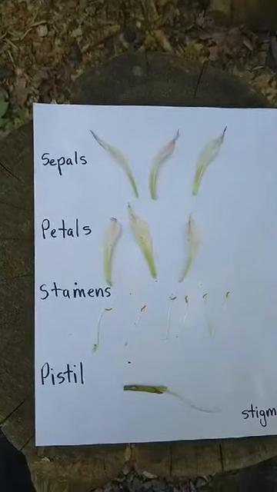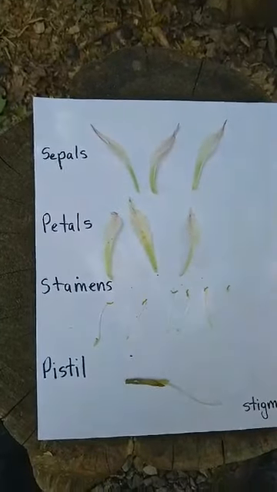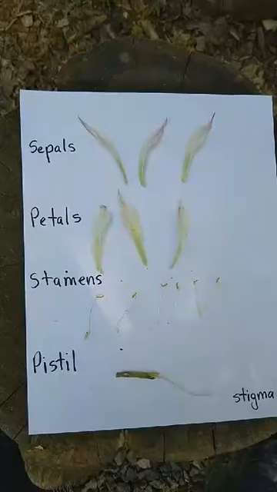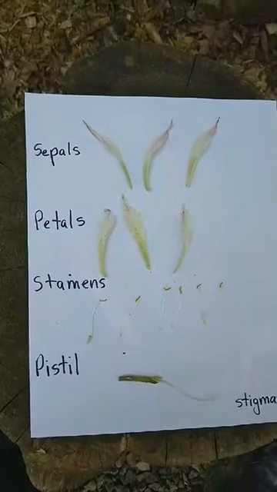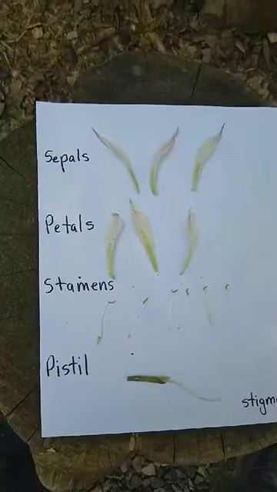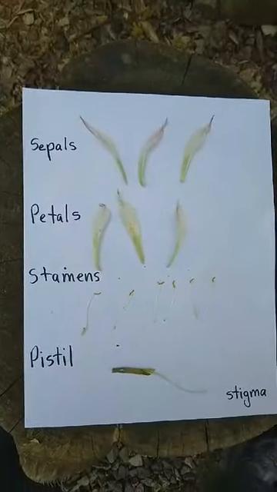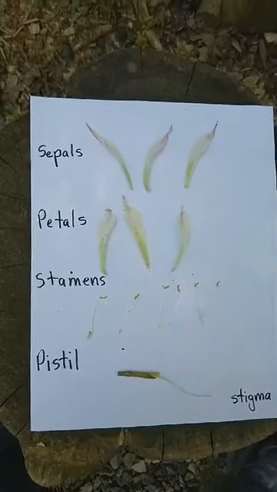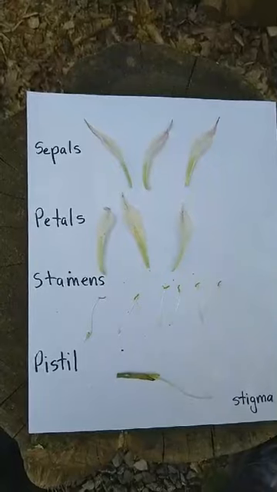If you think about your stargazer lilies or tiger lilies, daylilies, those types of things, oftentimes that's the case. The inner whorl of petals is not terribly different from the outer whorl of sepals, but they do occur in different places on the flower.